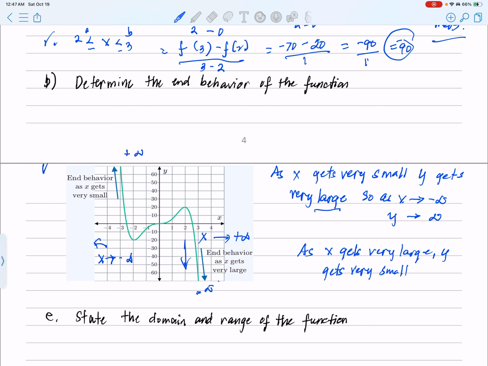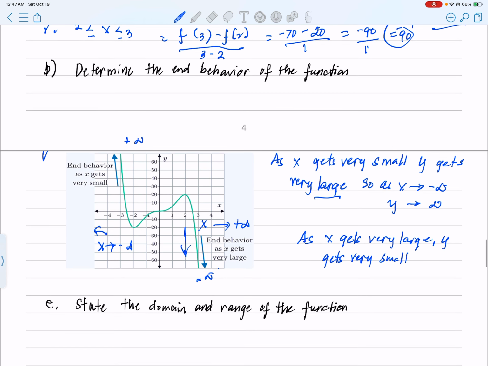As it goes down and down and down, the value of y becomes smaller. So you could say as x approaches positive infinity, y, or the function, approaches negative infinity. Okay? You have that.